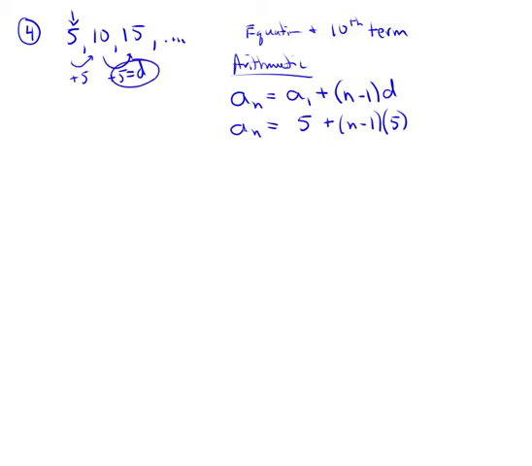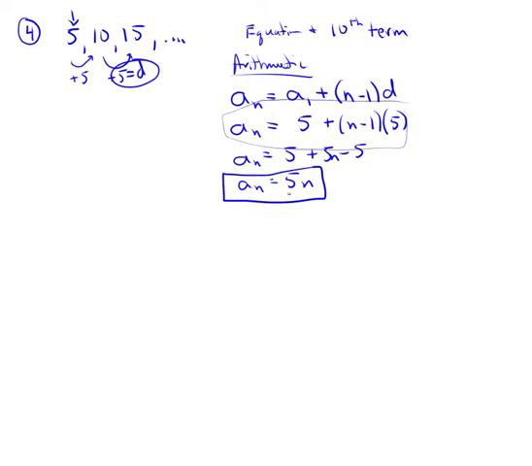So I can simplify that. A sub n equals 5 plus 5n minus 5. So a sub n equals 5n. So that's my simplified equation, and that is what I would write on the answer line if it asked me to write the equation. I could write the other form too, that would be fine also, but this one is a little bit simpler and easier to use. So now when we find the 10th one, when n equals 10, we write a sub 10.